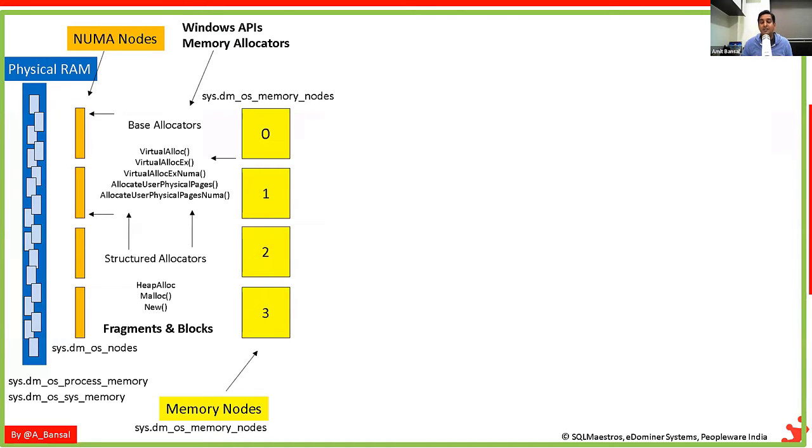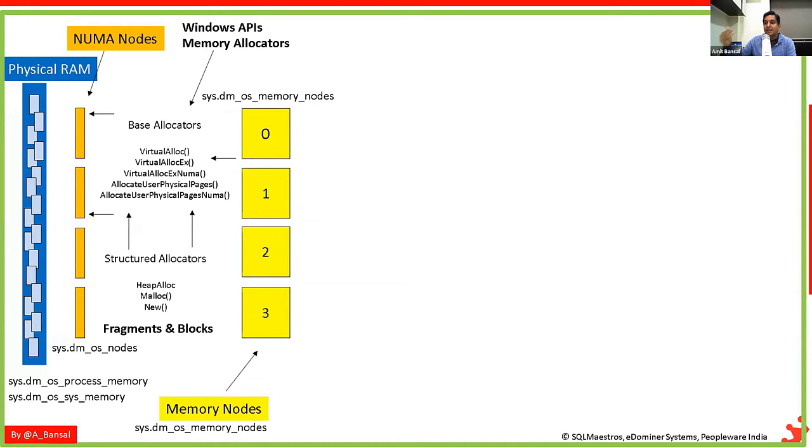And there are base allocators and structured allocators. Now, at the end of the day, these are all Win32 APIs. And depending on how the allocation is being asked for, is the allocation happening in huge blocks or is it happening in fragments, the respective Win32 API is going to be called. In most cases, it is VirtualAlloc that happens because the allocation happens via the virtual address space.